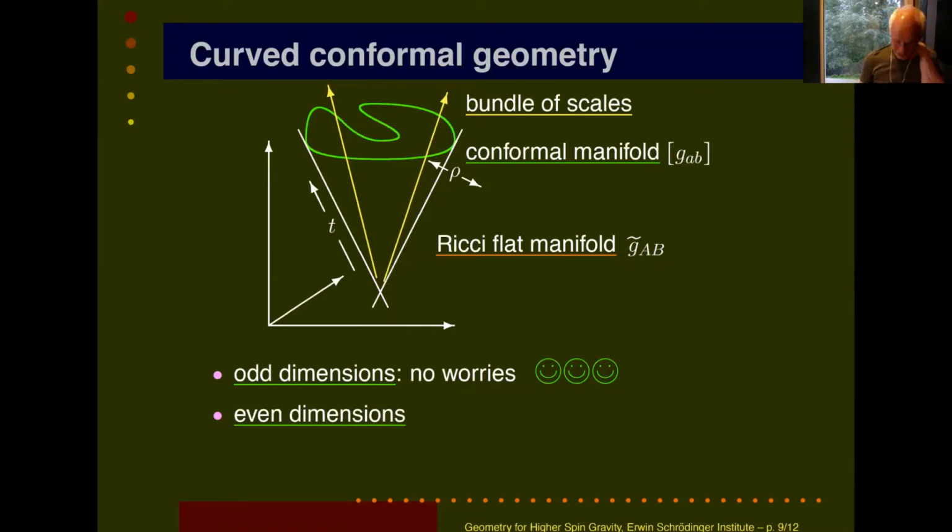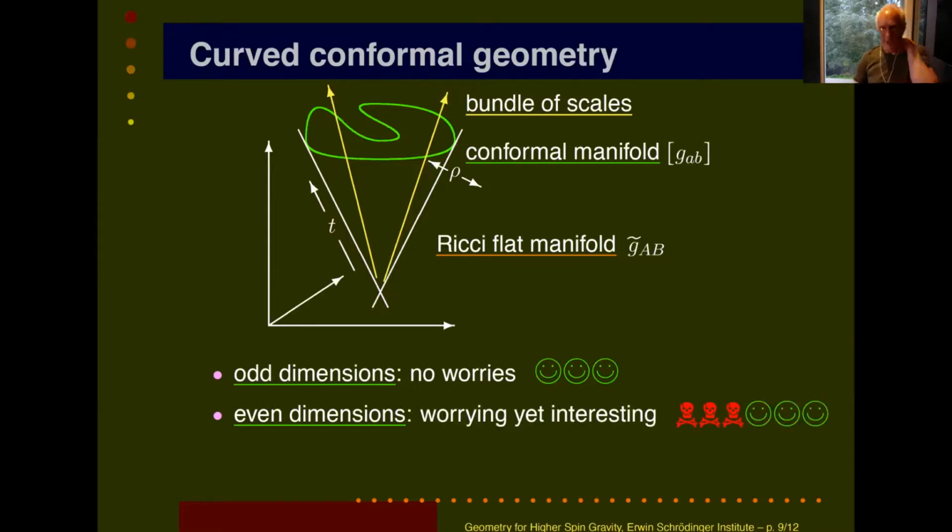In even dimensions, it goes wrong. We've seen it going wrong in dimension 4. It goes wrong in dimension 6, and so on. So this is definitely worrying, but interesting. You have to be careful, but then some happiness is restored if you are careful.